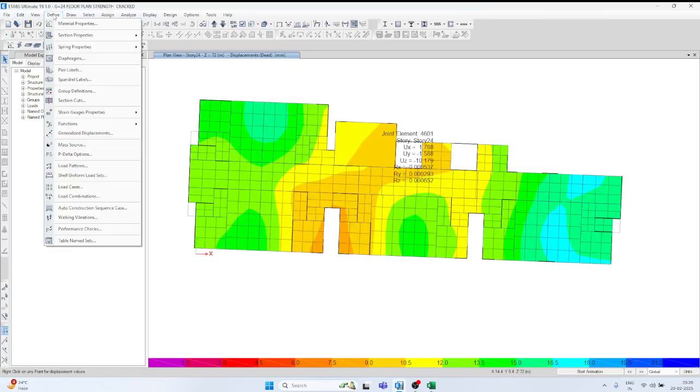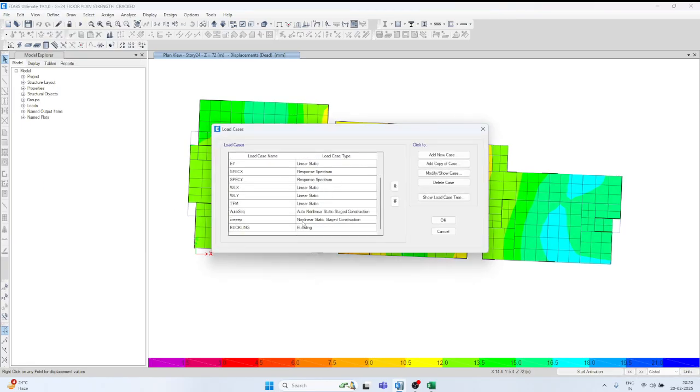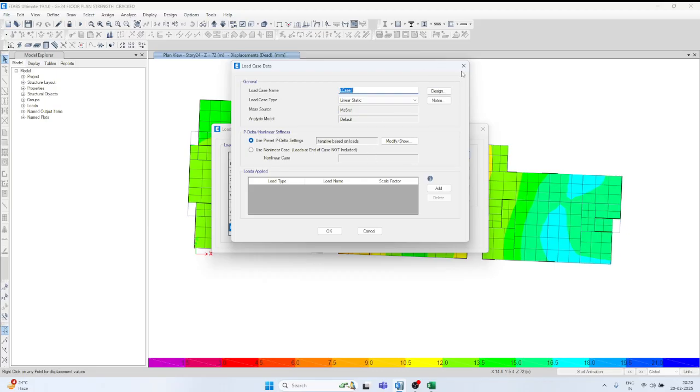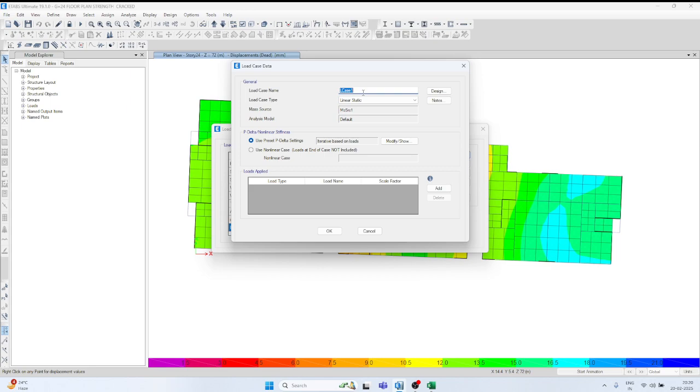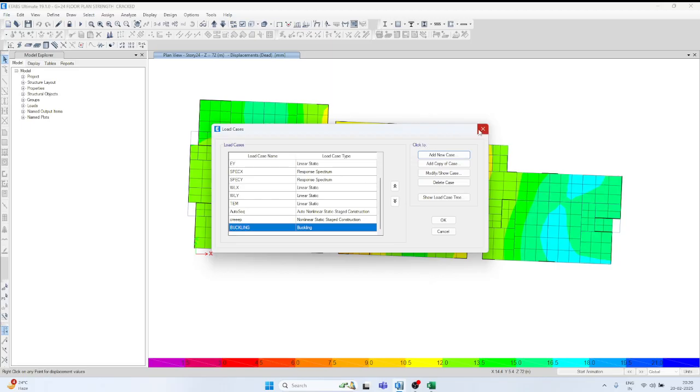Now you have to go to Define, go to Load Cases. It is already done, so no need. Just go to Add New, and here click buckling 1. One minute, there is some problem.